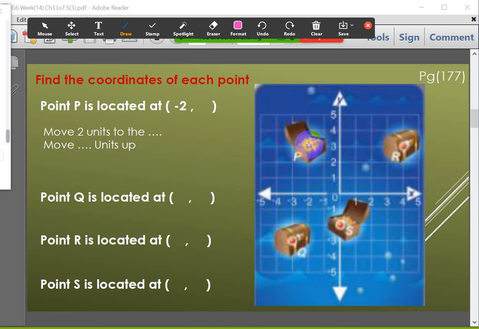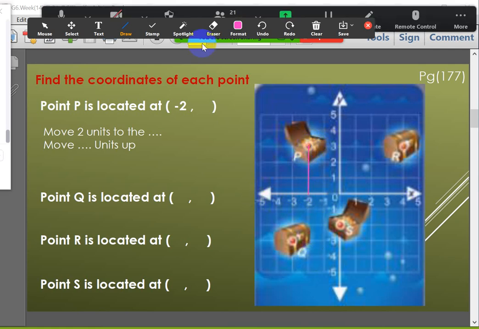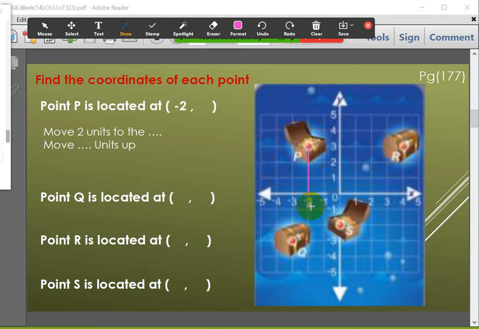This is the point. To know the x coordinate, I have to take a vertical line from the point to the x-axis. This line will cross the x-axis on a number. What is this number? Look at this number. This number is -2. That means the x-coordinate is -2 for this point. What about the y-coordinate? This is the y-axis.